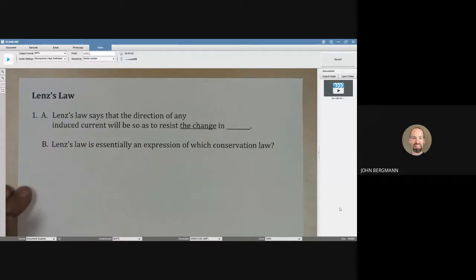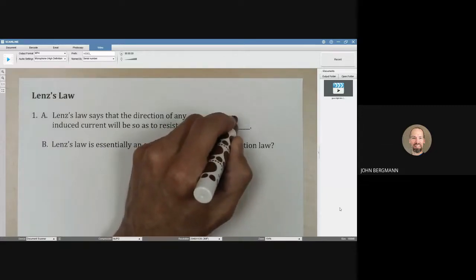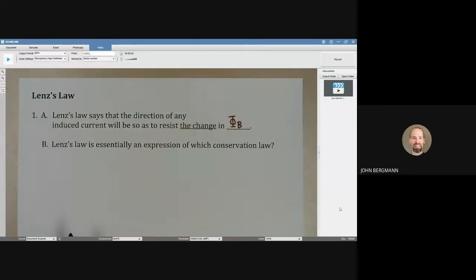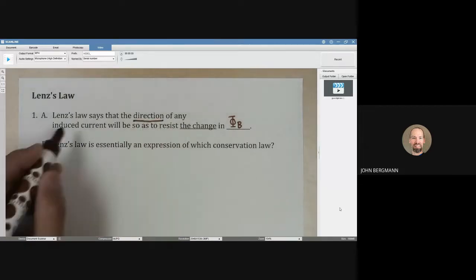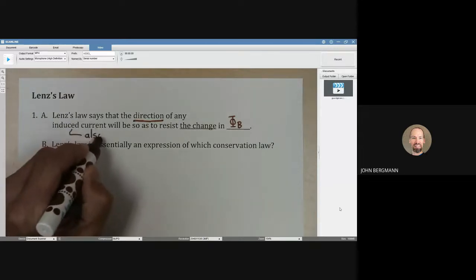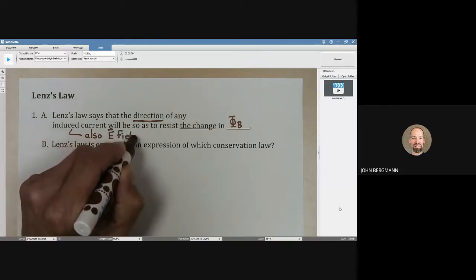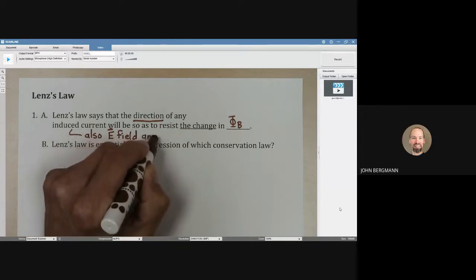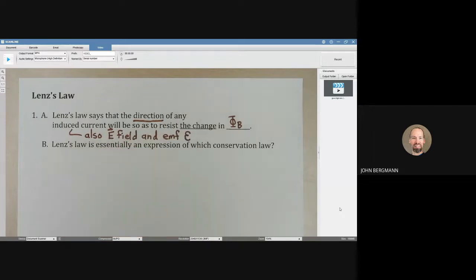Lenz's law says that the direction of any induced current will be so as to resist the change in magnetic flux. Incidentally, this direction, the direction of any induced current, also the direction of the induced electric field and the EMF, which is represented by this capital E that has panache.